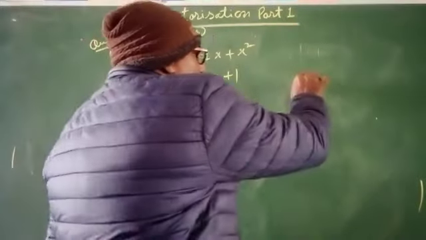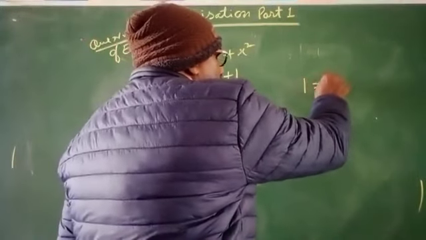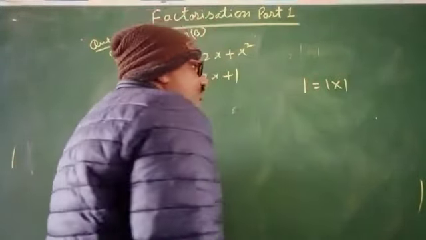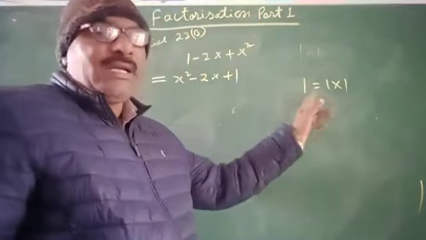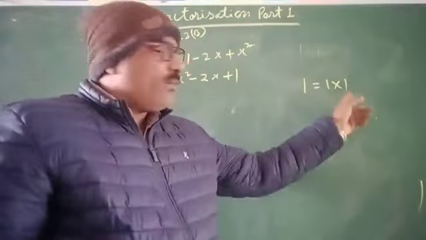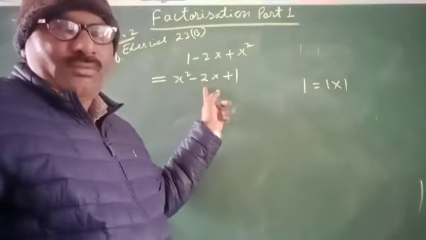So we know that the factor of 1 is 1 multiplied by 1. If we multiply 1 into 1 we get 1, and when we add 1 and 1 we get 2.